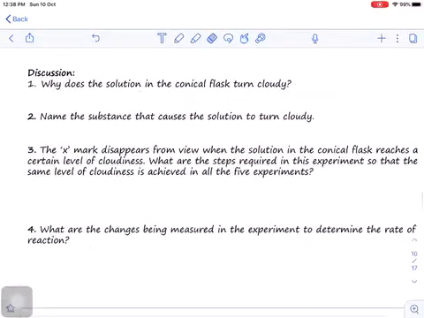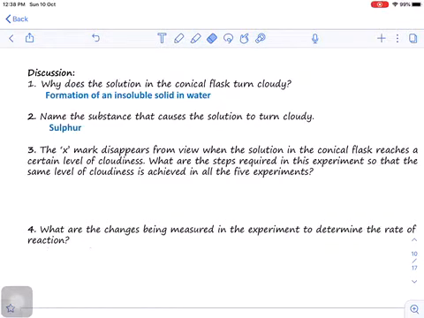Okay, why does the solution in the conical flask turn cloudy? Because of the formation of insoluble solid in water. Name the substance that causes the solution to turn cloudy. Sulfur. That makes the solution turn cloudy and makes the X mark disappear from view.